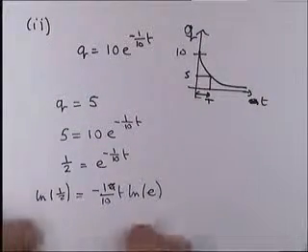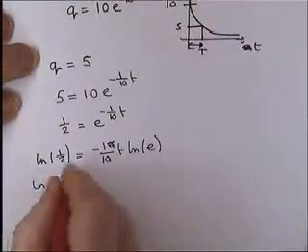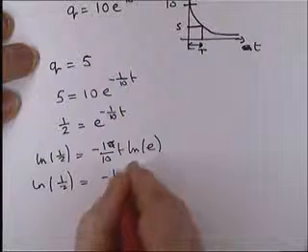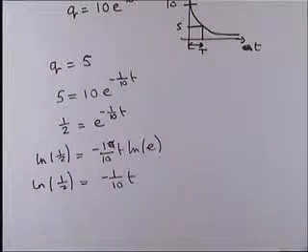Now, not many people actually write this step in. Most people, when they're doing these questions, go straight to this step. But that's why we can go straight to that step if you've forgotten.